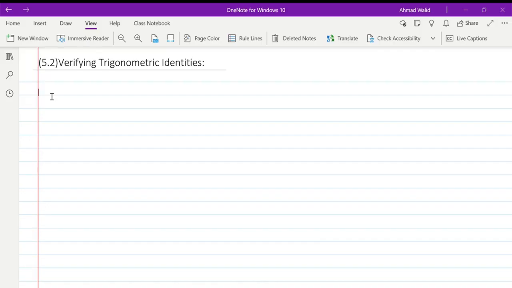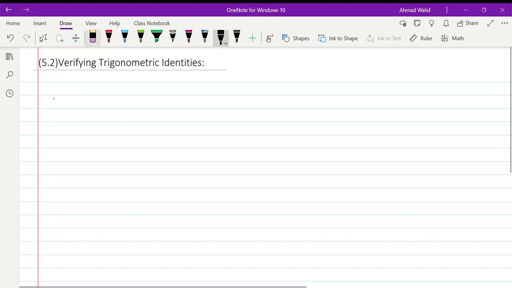For example, they give you an equation like this, correct? I'll just write here an equation, and they give you that equation and they're asking you to check if this equation is an identity or not, correct? For example, let's say maybe tan squared x plus 1 equals 1 over cosine squared x.